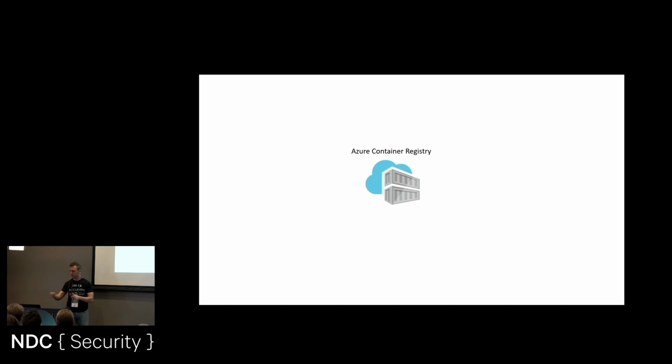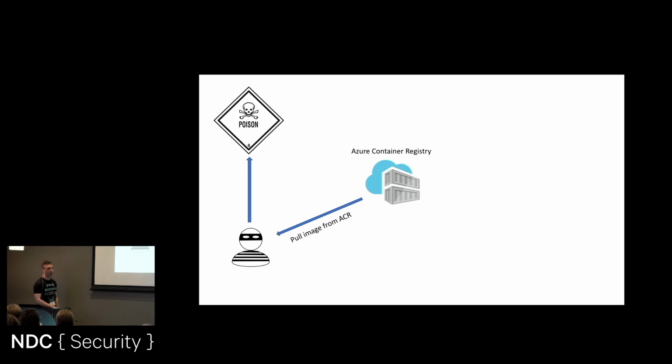So if the container registry doesn't have correct permissions, for example, a user may have permissions assigned on the subscription level or resource group level and inherited on the container registry. So if someone can pull images, so download images from container registries, they can modify them.